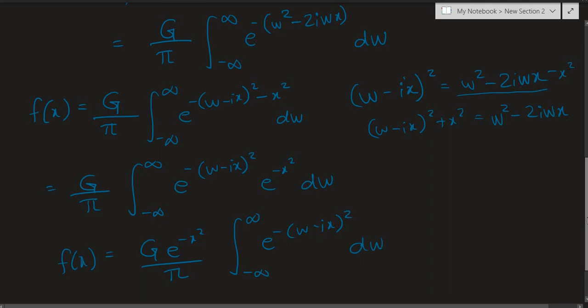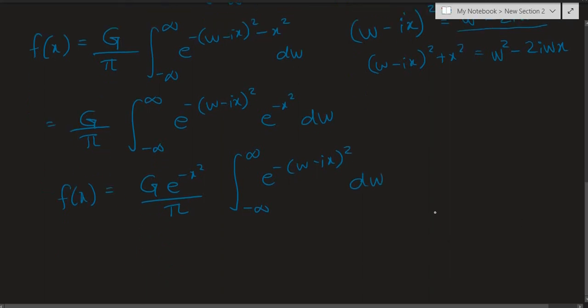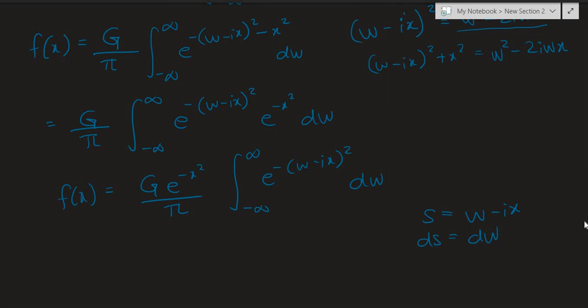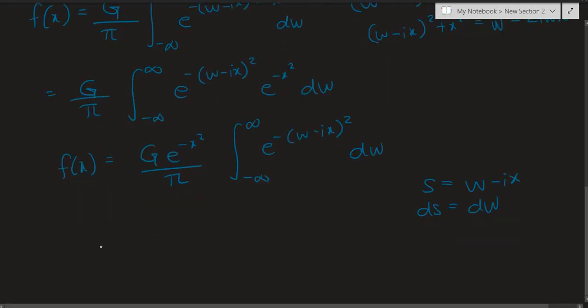Let's make a last substitution now. So let s equal w minus ix. So ds is dw because differentiating x will just be 0. And again the upper and lower bounds don't change. So g times e raised to negative x squared by pi times the integral from negative infinity to positive infinity of e raised to negative s squared ds.